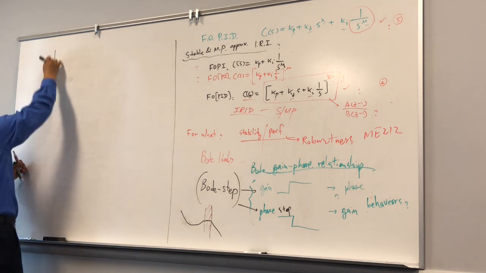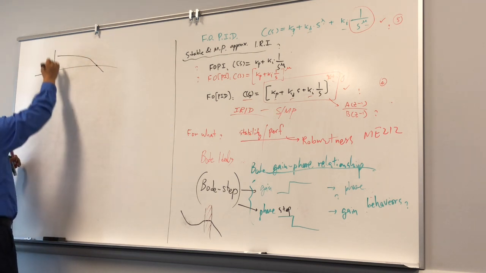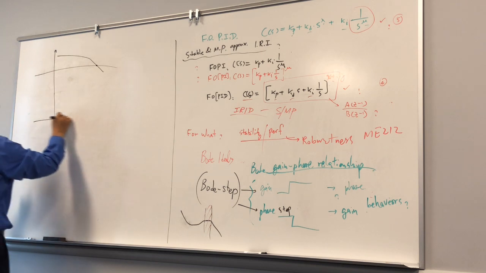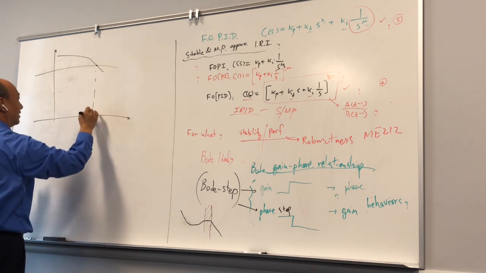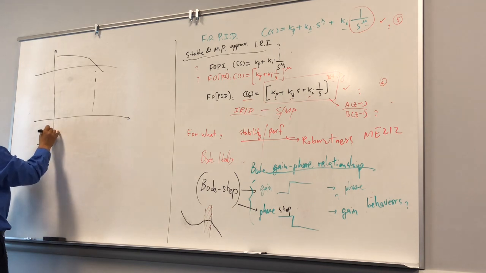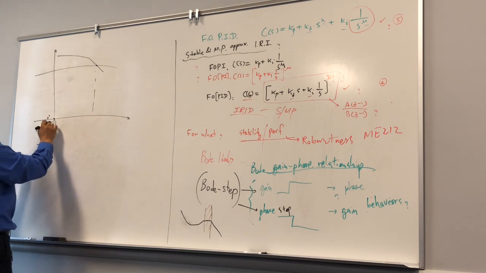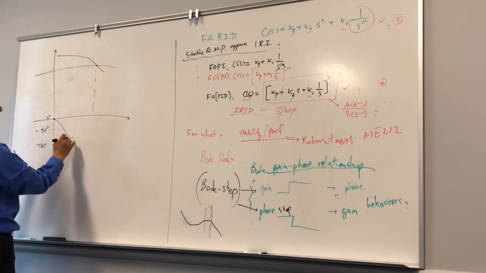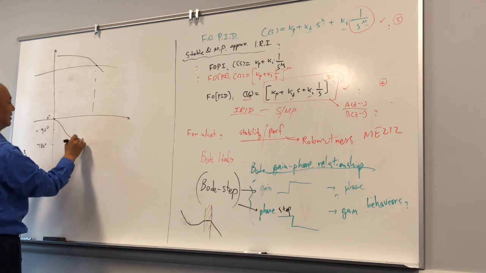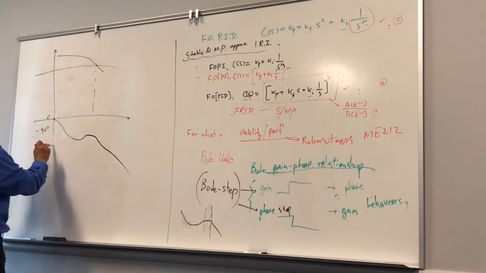Say for example, you have a gain crossover here. The phase is, this is minus 180, minus 90. Initially the system is 0 degree and it's passive. You're going down and going down. So it's something like this.